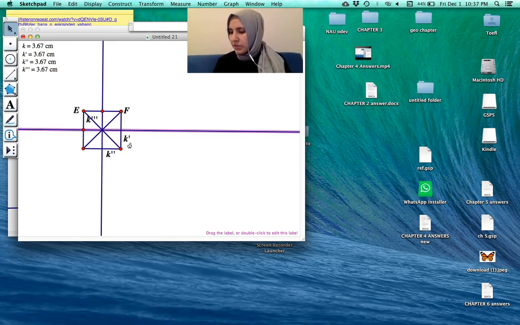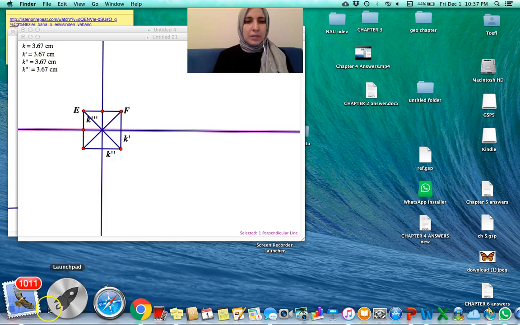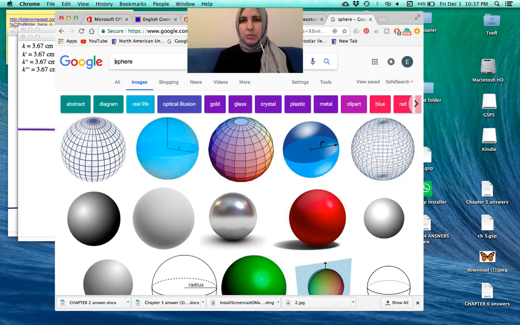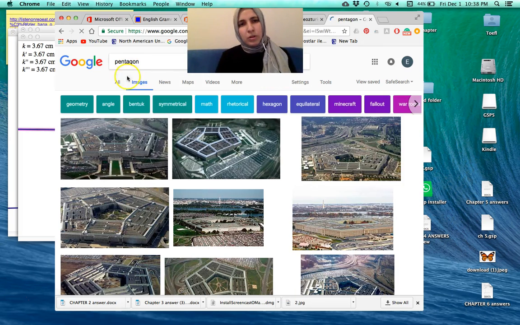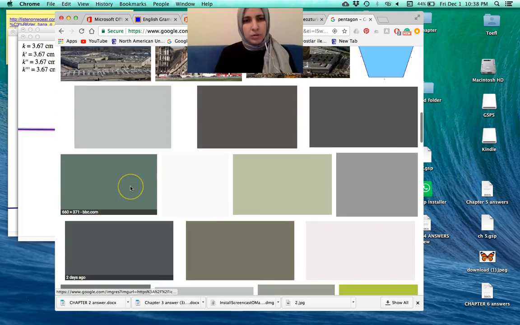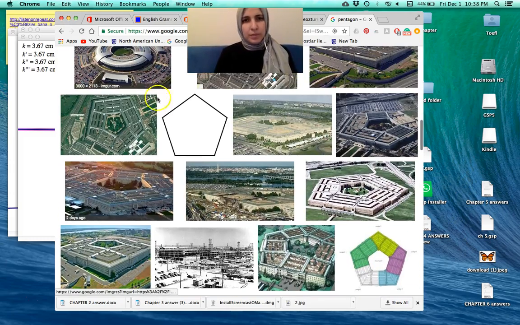Question 9. Create and explore a regular pentagon. How many different lines of symmetry does a regular pentagon have? I think it's better to find a pentagon from Google. Pentagon. Yes, it's a pentagon.